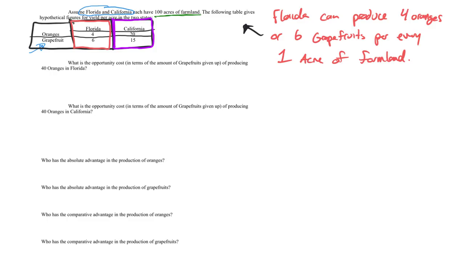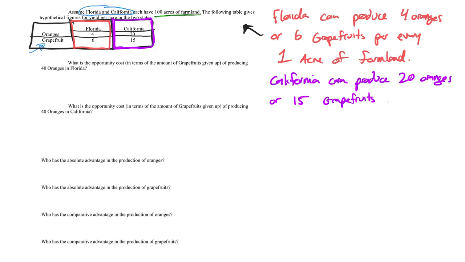So this purple square that I have right now is telling me that California can produce 20 oranges or 15 grapefruits per every 1 acre of farmland.